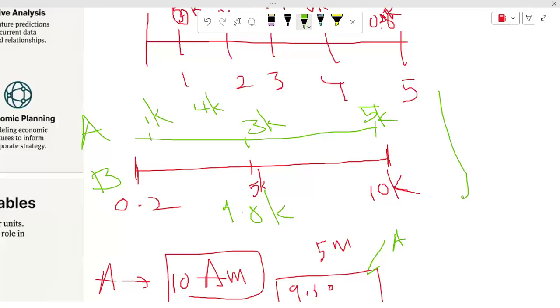He has less variability. When you give a promotion, a task to Mr. A, we can expect at least the minimum 1K, maximum 5K, and it's not much risk.